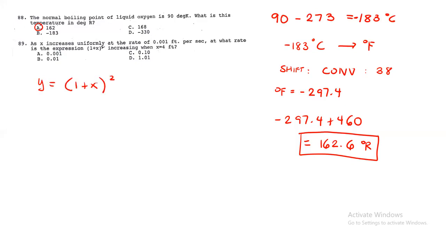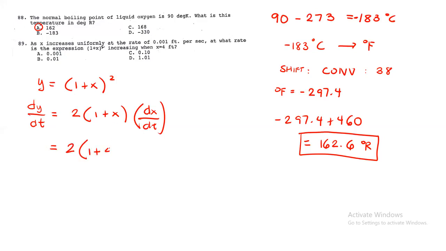So, para makuha natin yung rate ng y with respect to time is equal to 2 times 1 plus x raised to 1 times derivative ng x with respect to t. So, substitute natin 2 times 1 plus, ang x natin is 4 feet. Then, ang dx over dt natin is 0.001. So, ang sagot dito is 0.01. Yan ang sagot, 0.01. So, the answer is letter B.